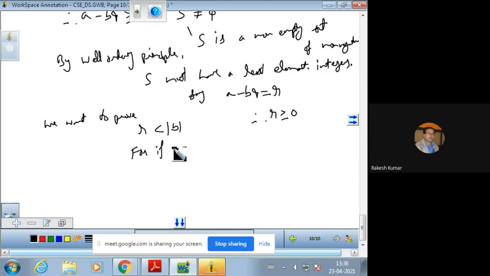सो फॉर इफ r is greater than or equal to b modulus, if का मतलब होता है if possible. So for if mean if possible, we can take this.